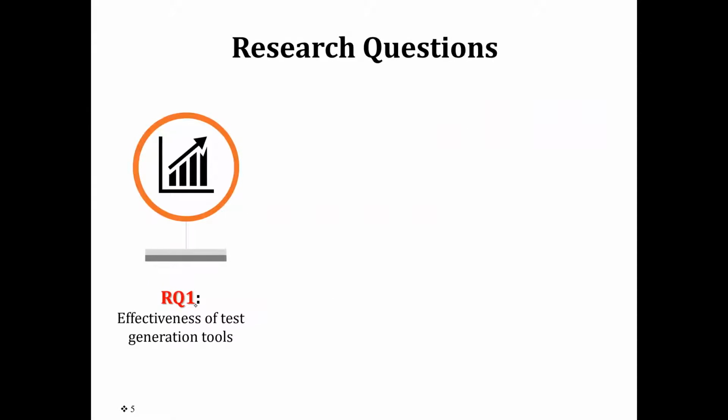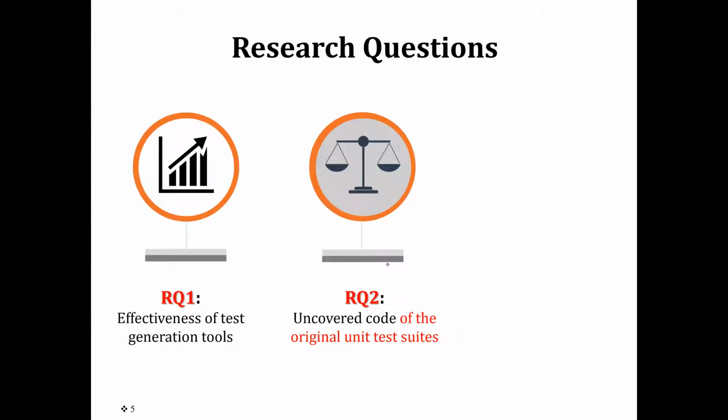In this paper, we try to answer the following three research questions. The first one is about the effectiveness of the test generation tools. We intended to explore the effectiveness of the two automatic unit test generation tools in machine learning libraries. In the second research question, we try to understand the testing focus of those machine learning libraries.